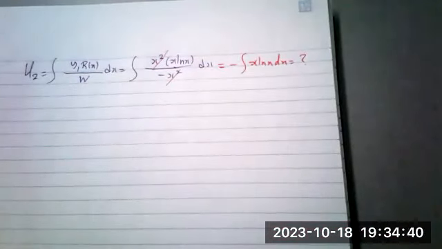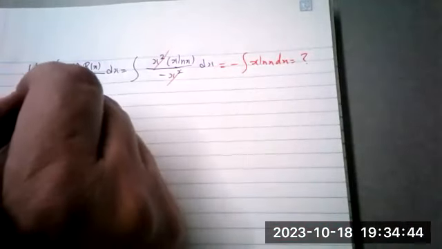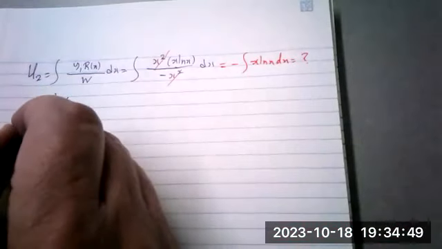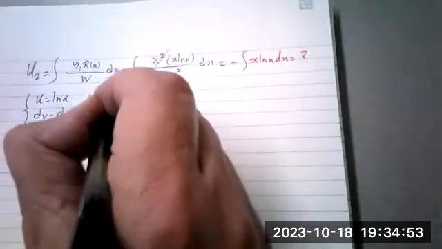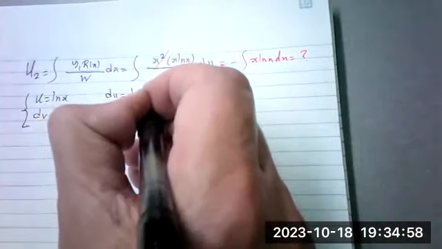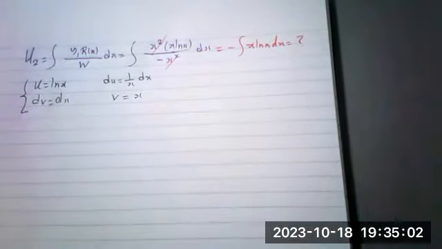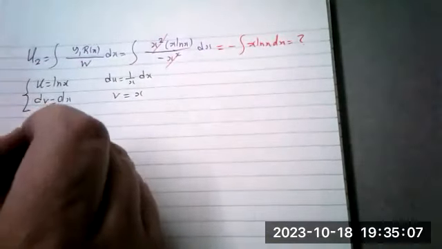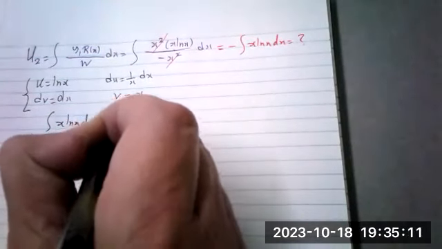So, similar one for the by parts. For this one, again, u would be ln x. Okay, and the du would be 1 over x dx.